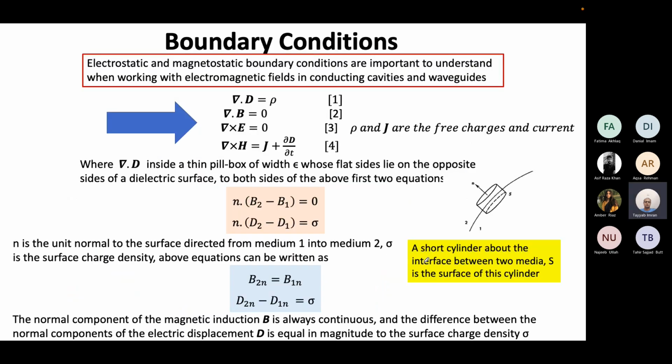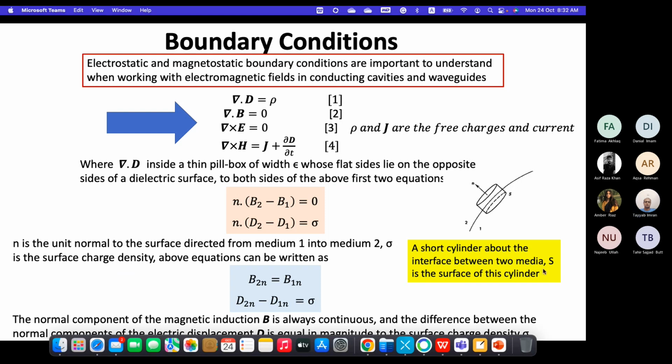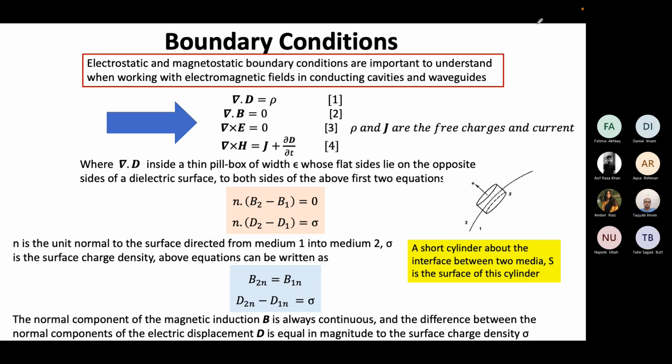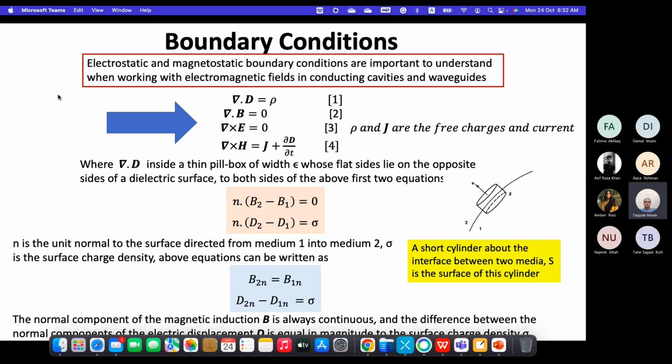Boundary conditions we studied already, and why are boundary conditions important? Because when electromagnetic waves move from one medium to another medium, we need to know what the behavior of the electric field and magnetic field will be. ठीक है.